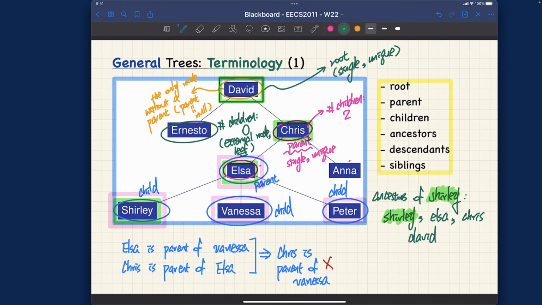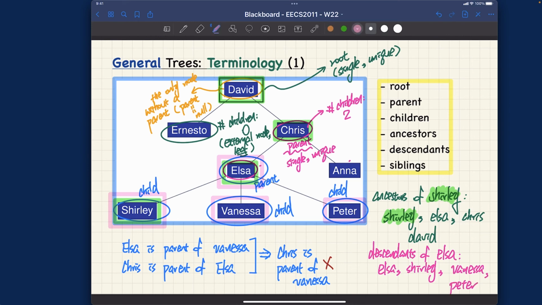So I'll put it here. Descendants of Elsa includes Elsa herself and children, and also Vanessa, and also Peter, right?